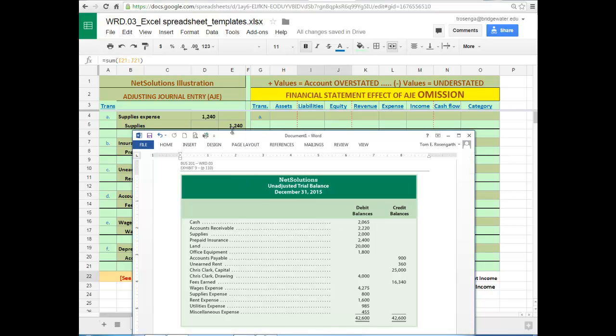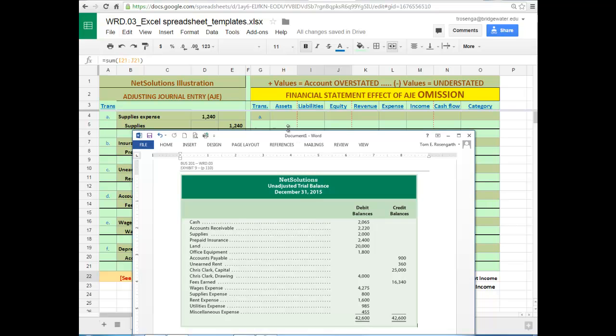Now, if this journal entry were omitted, this supplies account would not be reduced to its correct balance of $760. So what would happen to the financial statements if supplies were shown at this amount, $2,000, instead of its correct amount, $760?